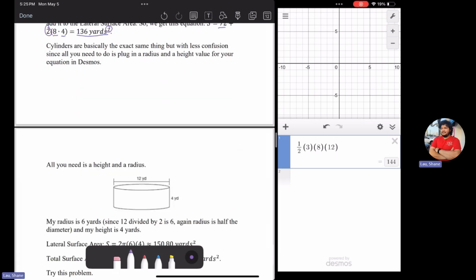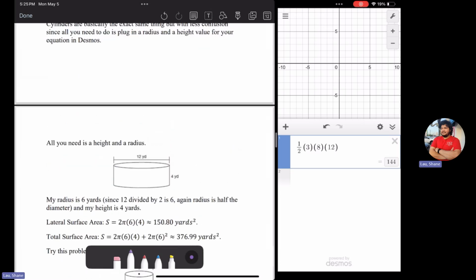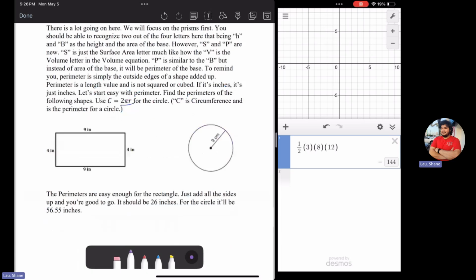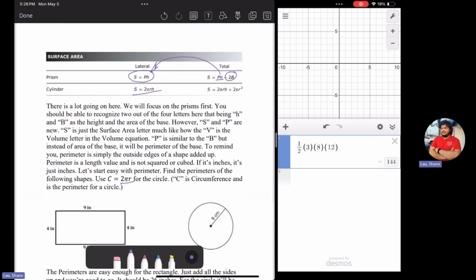And that's about it. Cylinders, again, are very similar, but you only need two things: a radius and a height. That's all you need. So my lateral surface area is 2 pi r times h, just like my equation says, 2 pi r h. Then I'm going to take my lateral surface area, the same thing I found right there, and add it to 2 pi r squared.